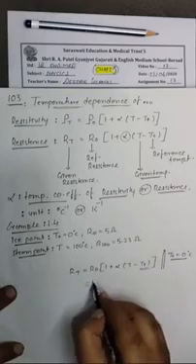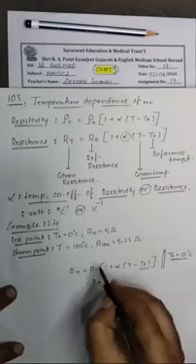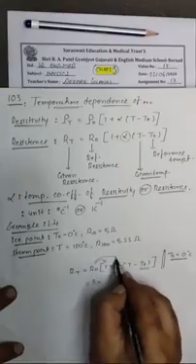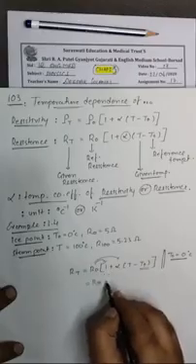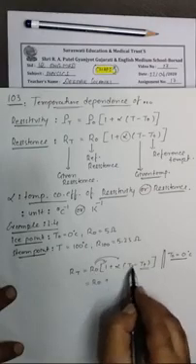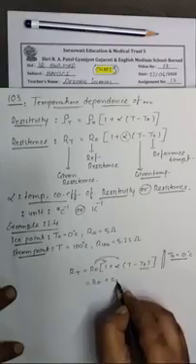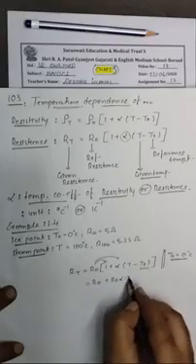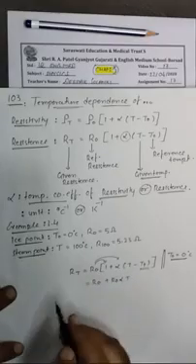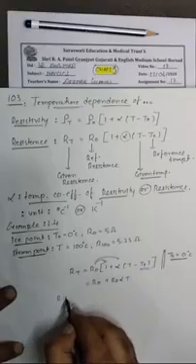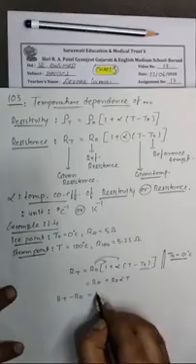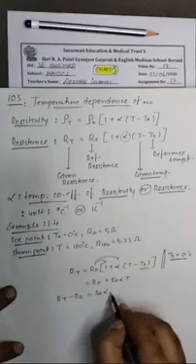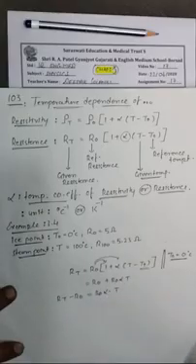So our equation becomes R0 multiplied by 1 plus R0 alpha multiplied by T. Take R0 on that side, so you will get RT minus R0 is equal to R0 alpha multiplied by T. Got it?